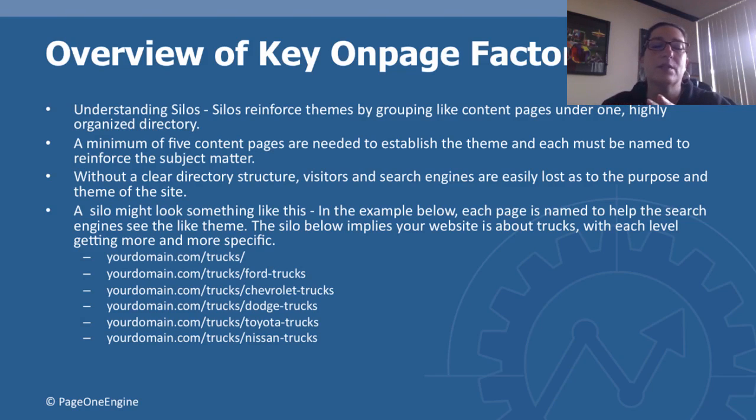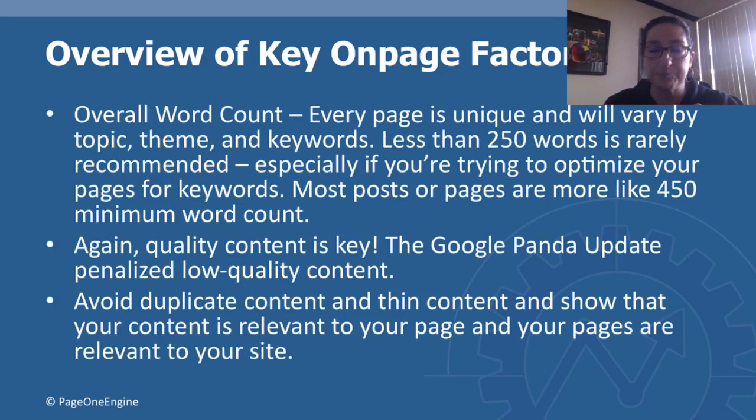So a silo might look something like this. In the example below, I really tried to go with the automobile industry. So you can have your domain /trucks, and then in the directory of trucks would be Ford trucks, and then Chevrolet trucks, and then Dodge trucks, and then Nissan trucks. So each level is getting more and more specific.